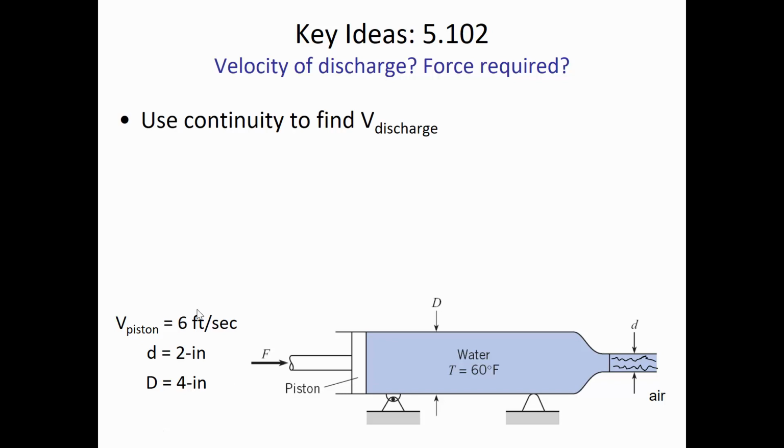So what we do is you use the continuity relationship to find the V discharge. And what I mean by continuity is the diameter of this big cylinder here is 4 inches. The diameter of this small component here, the lowercase d, is 2 inches.